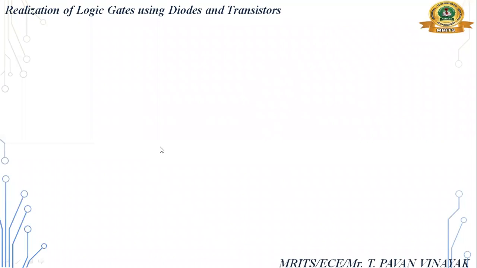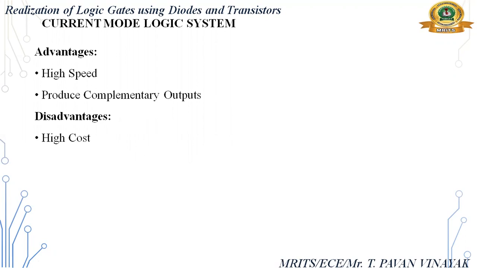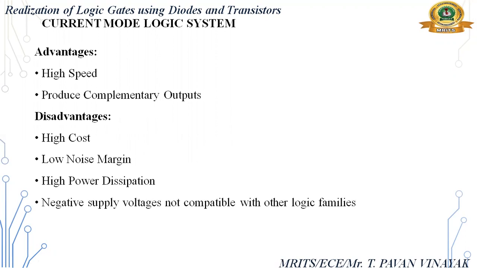The advantage is very fast speed and complementary outputs. The disadvantages are high cost, low noise margin, high power dissipation, and negative supply voltages, one of the major disadvantages.